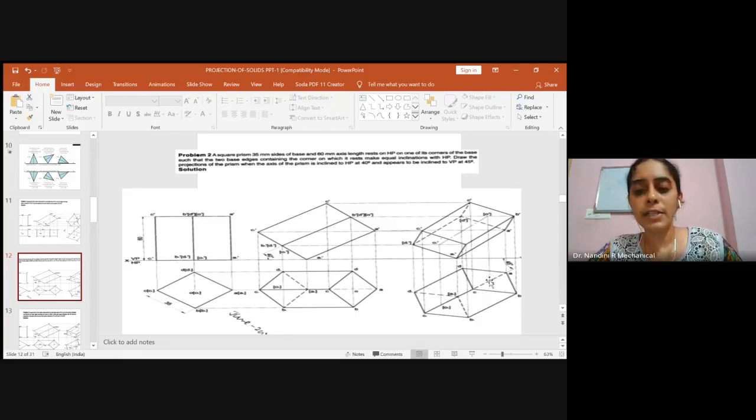Once you fix the center of the top surface, you will measure this apparent length of the axis from O to O1, how much it is, using a compass. Come back to the point O here and cut an arc on this 45 degree line. So you will get the point O1. O and O1 are now fixed.